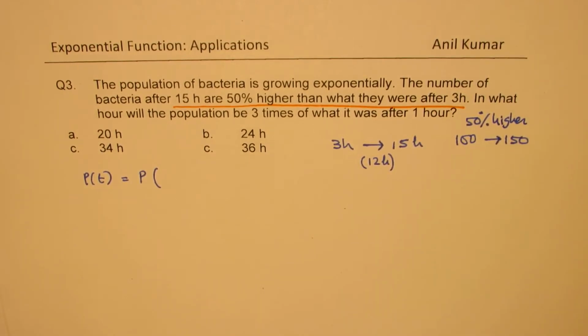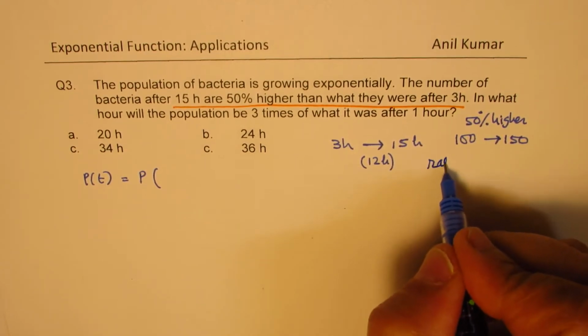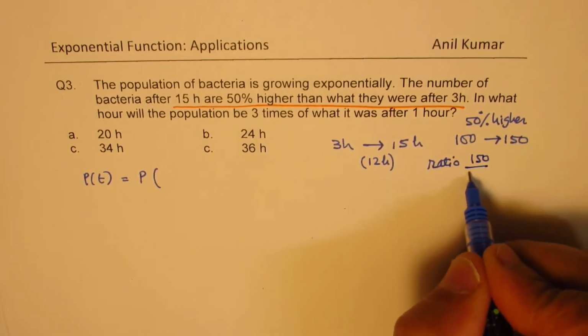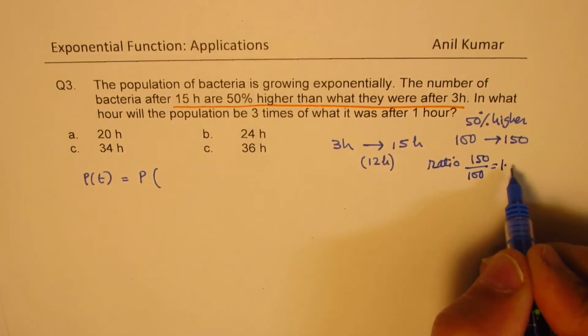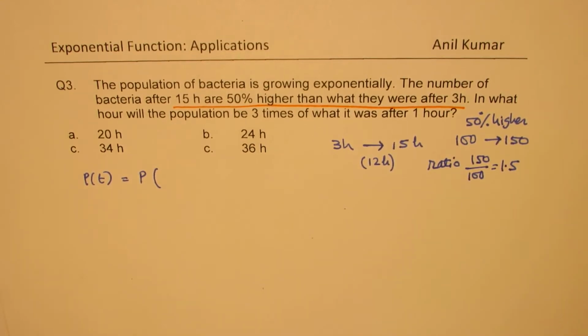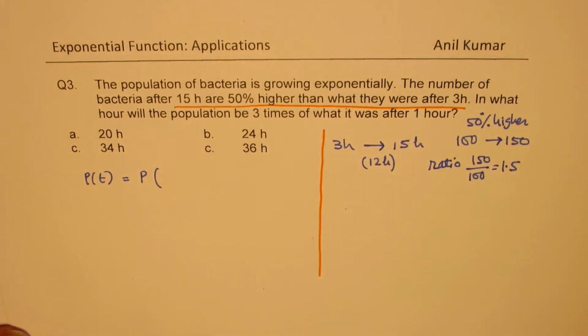Do you see that? Right? So that means what is the ratio? So the ratio basically is 150 divided by 100, or 1.5. So we got that multiplication factor. So this information actually gives you the multiplication factor. Do you see that?